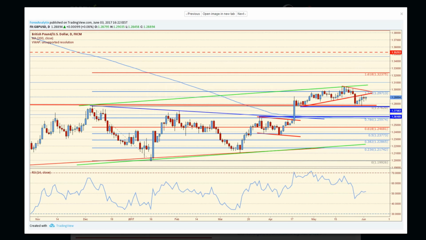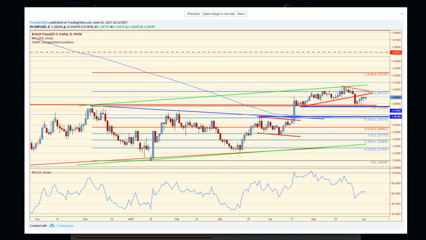So if the dollar does bounce back and you start to see the euro pull back, the pound really could come under pressure. If you think about the difference between the people who bought the pound the last month and the people that bought the euro the last month, the euro has really outperformed. It's gone from 109 to 112, 113, and the pound over the last month hasn't gone anywhere.